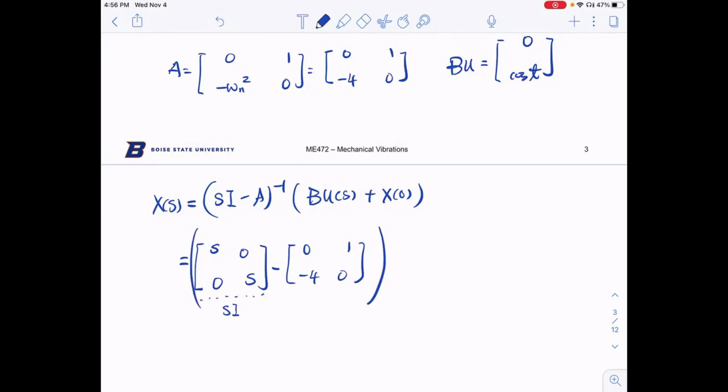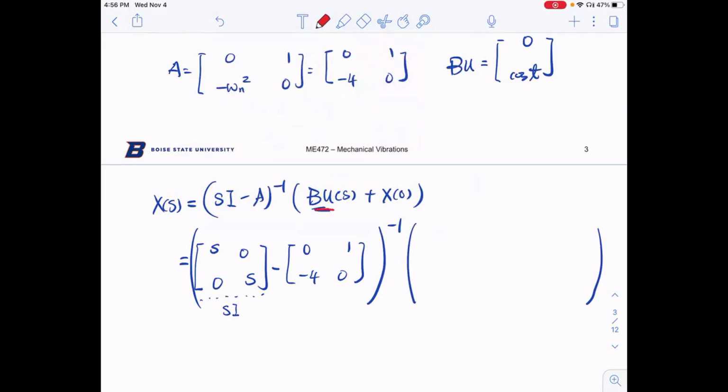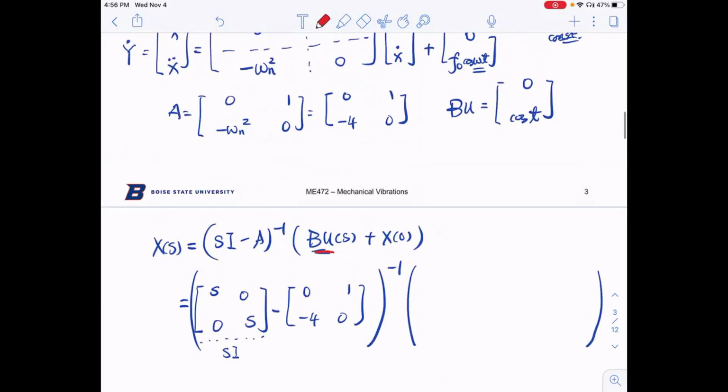So this entire thing, we need to invert it. And then for the second part, we have B and U. As I said, in this class, you can treat B and U as a whole. So your BU is this thing. In order to convert the time domain function to the Laplace or S domain, you just need to do the Laplace transform for each entity.